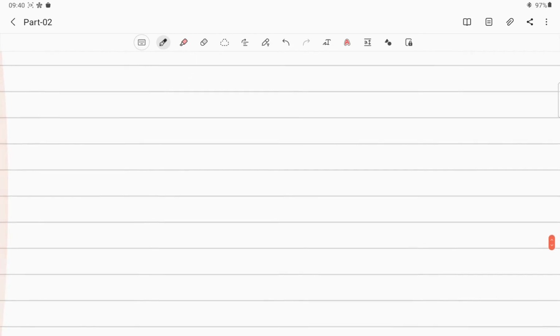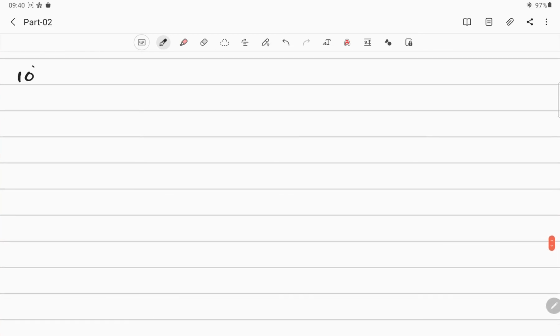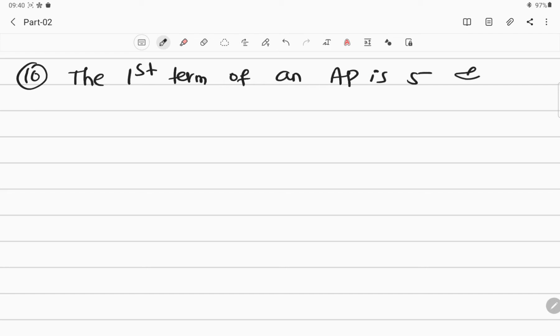All right, then moving on to the 10th question. Let us have a look at this 10th question. The first term of an AP is 5, and the last term is 45.